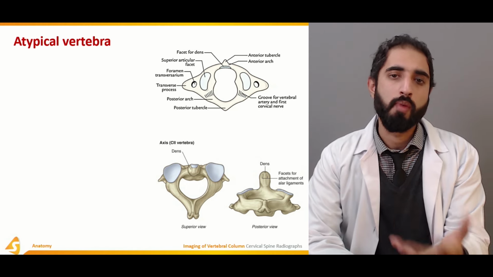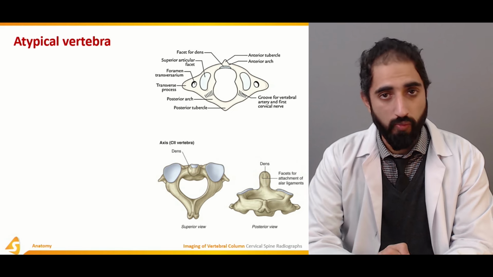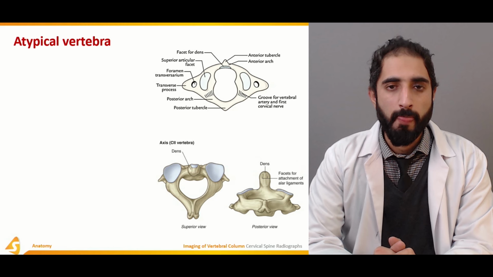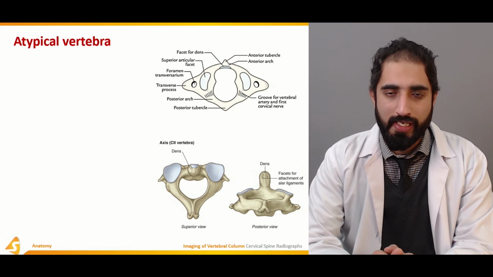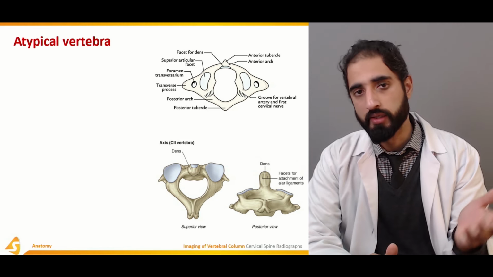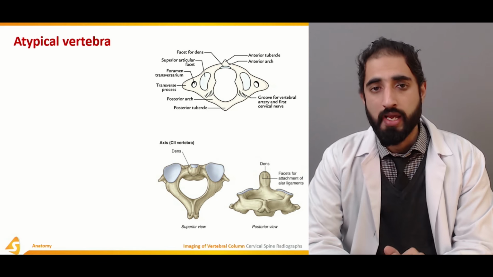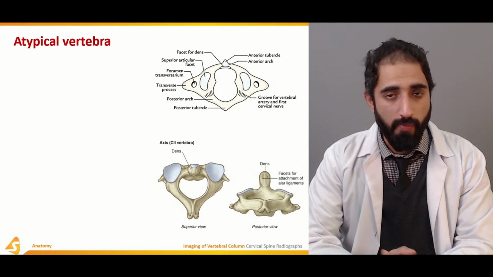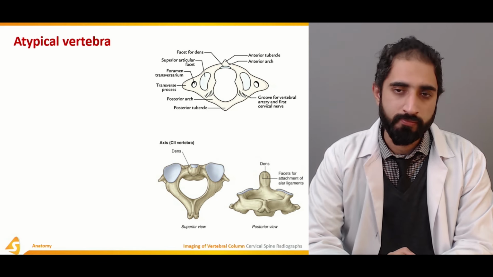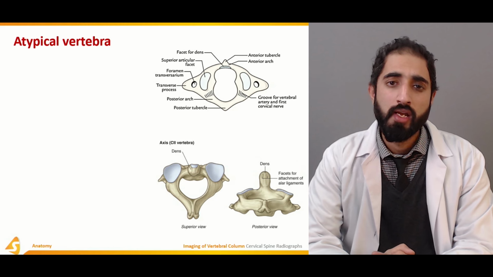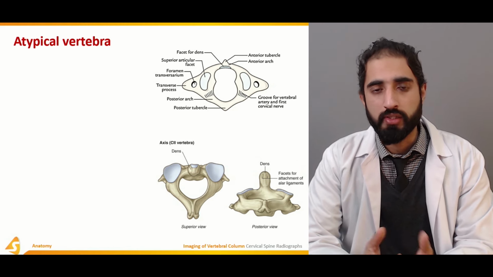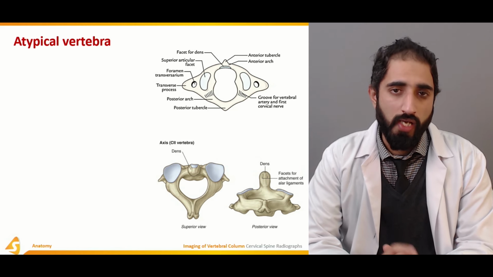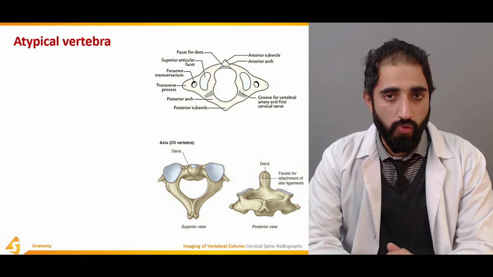However, whenever we talk about the cervical spine, there are atypical vertebrae as well, which are C1, C2, and C7. Talking about C7, first of all, it is not that much different from C3 to C6, but its close resemblance to the thoracic vertebra, because it's a transitional vertebra, makes it slightly different from the typical vertebra, and for that reason it is considered an atypical vertebra as well.